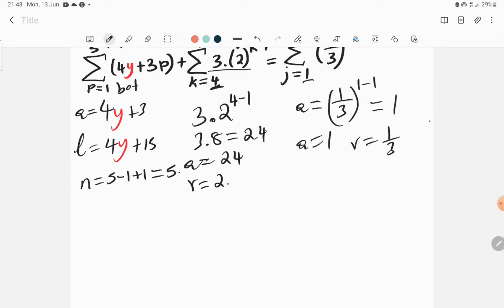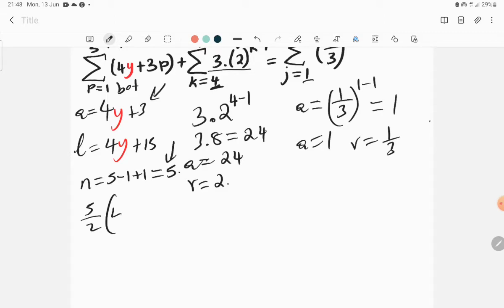Now, what are we going to say? We are having this formula which says n over 2, which is now in the place of n here. In the place of n, we have 5. So we put 5 here, then open brackets. Then therefore we have a plus l.